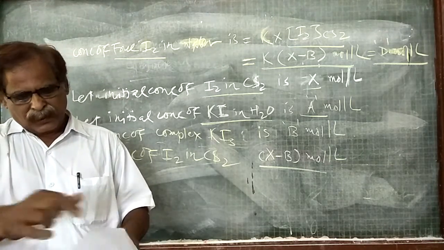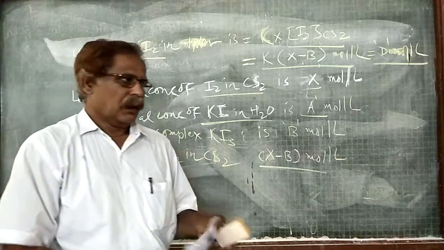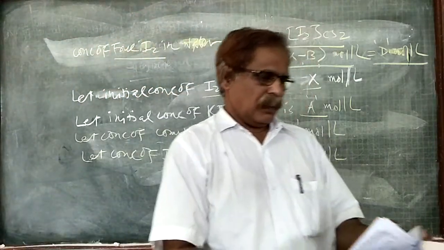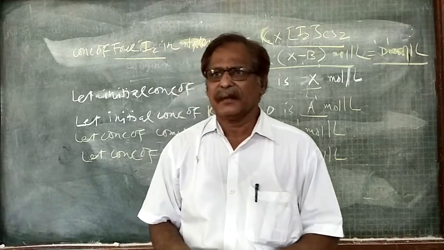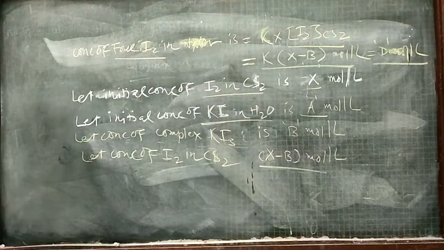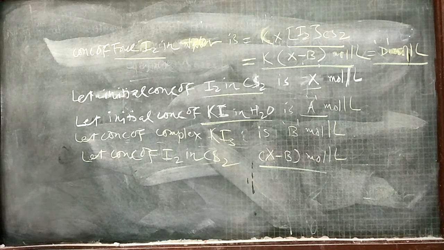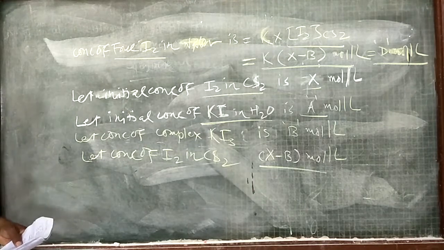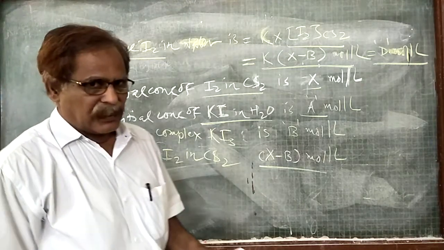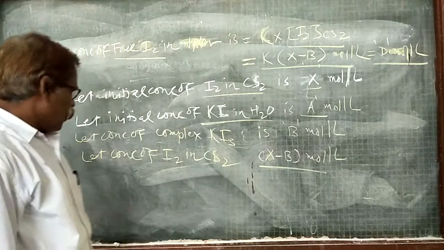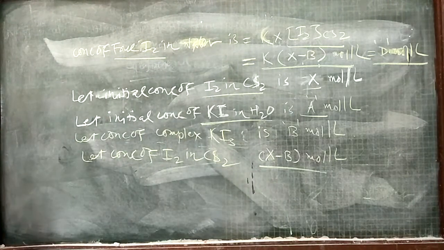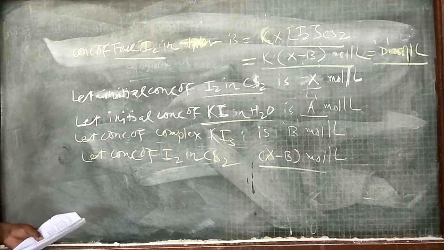Now, the concentration of potassium triiodide complex is yet to be calculated. We know the concentration of free iodine, or the concentration of iodine in the CS2 layer, and the concentration of free iodine in water.